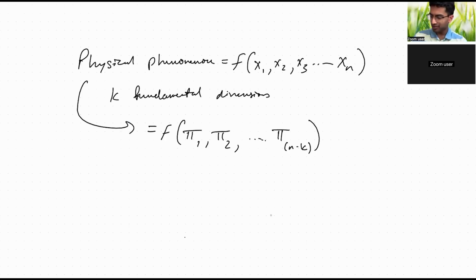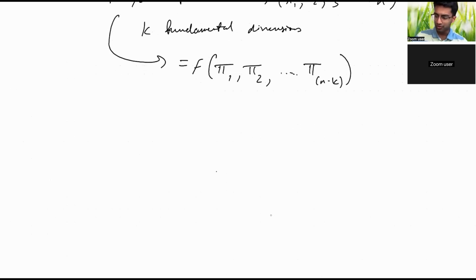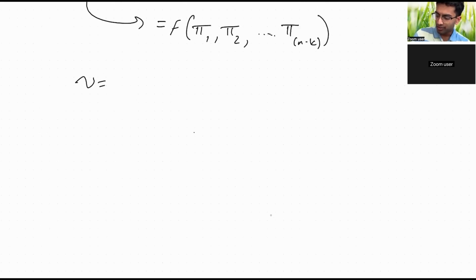Now you're probably familiar with units and unit conversions. Suppose I give you a velocity equal to 2 meters per second, and then I ask you, okay, what is that in centimeters per minute or something like that? Well, you would say, okay, I can convert that. I know that there are 100 centimeters in 1 meter, and there are 60 seconds in 1 minute.